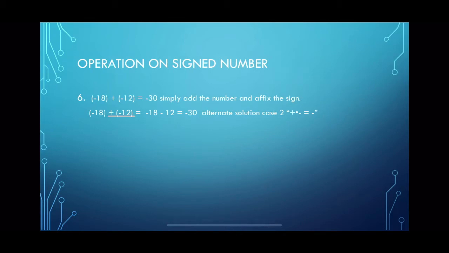So they can also be written as negative 18 minus 12. So now they have the same sign. So it is equal to negative 30. So negative 18 minus 12 is equal to negative 30.